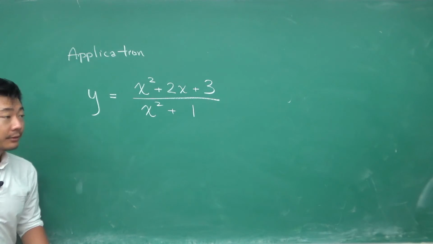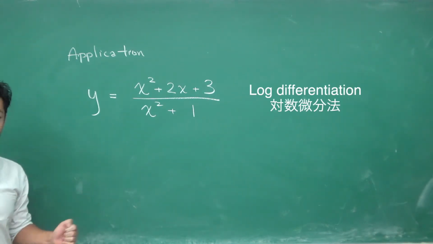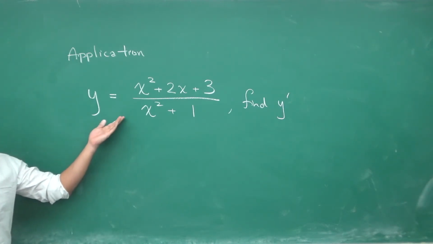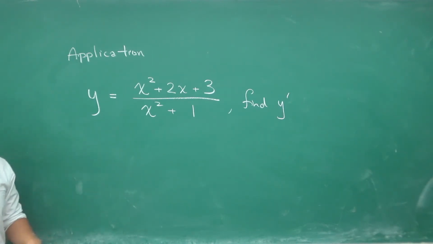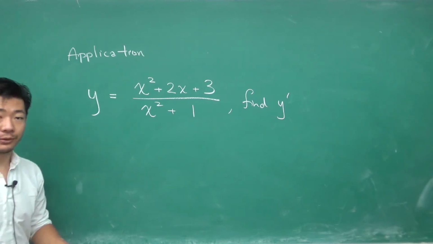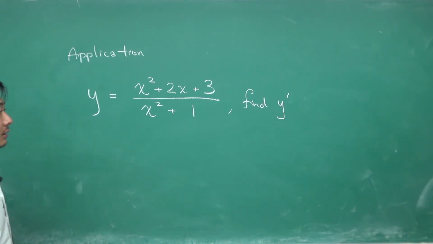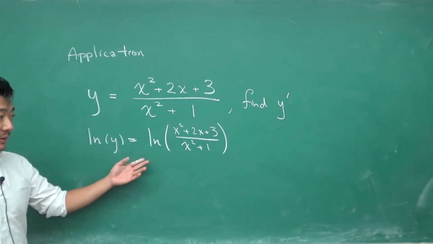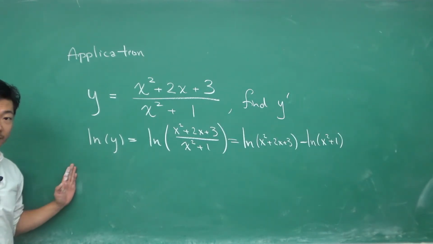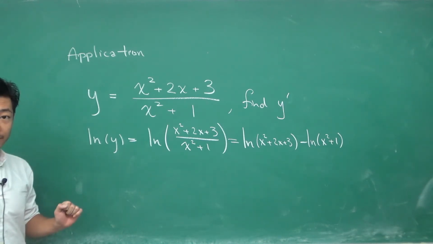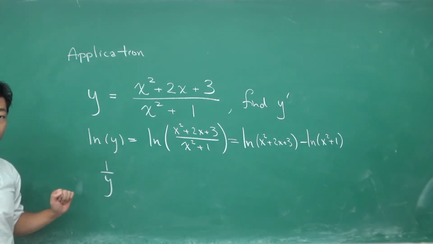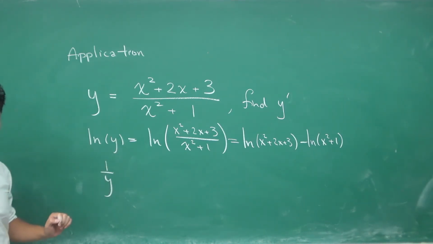As an application, we can do what's called log differentiation to a rational function. We can of course find y prime using quotient rule, but we can also use natural log to avoid using quotient rule. So how do we do that? We take natural log of both sides, but using the properties of log, we can split this up. And now we take the derivative of both sides using implicit differentiation. The derivative of natural log is 1 over the inside function multiplied by the derivative of the inside, which is y prime.